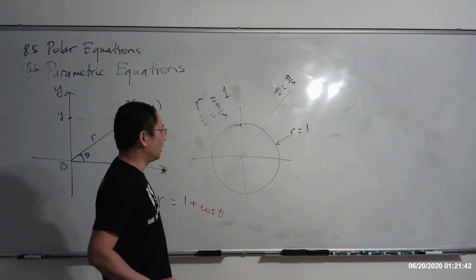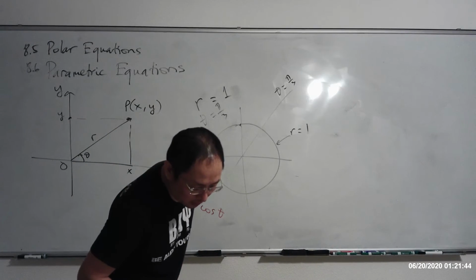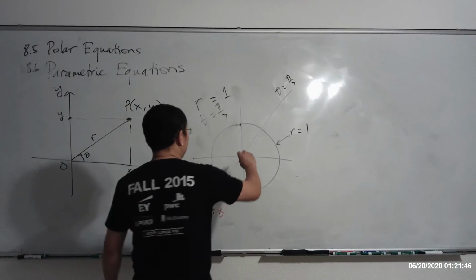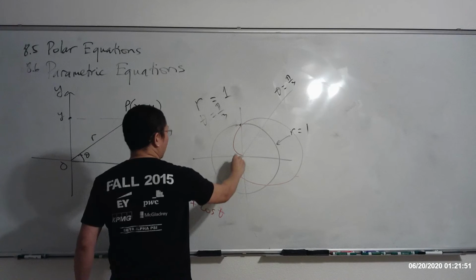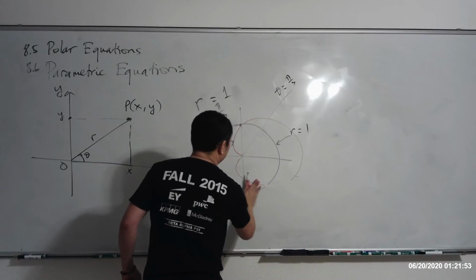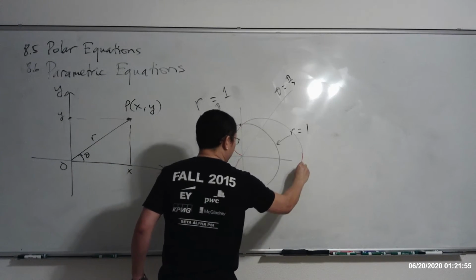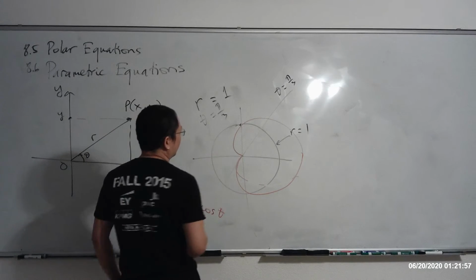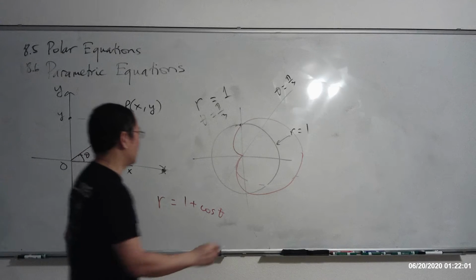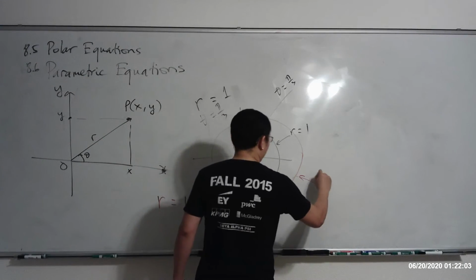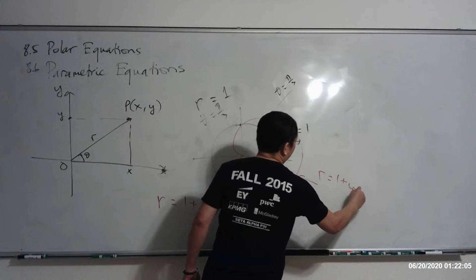And look, the picture is going to look like this. It looks like a heart. This one is for r equals 1 plus cosine theta.